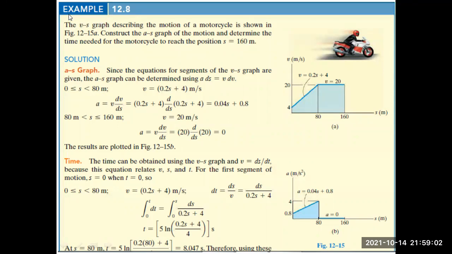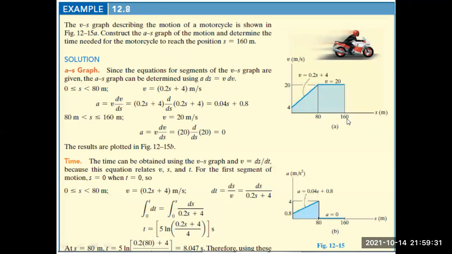So V-S is given, V versus S. So now V is a function of position. This graph is given to you. What the question is asking you is to construct A-S and determine the time needed for the motorcycle to reach the position of 160.